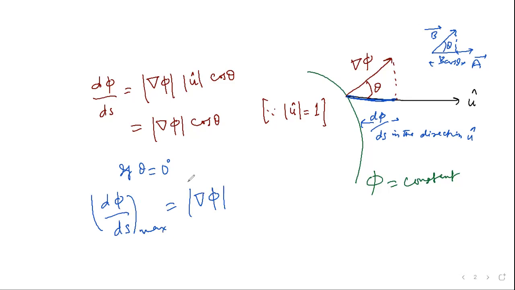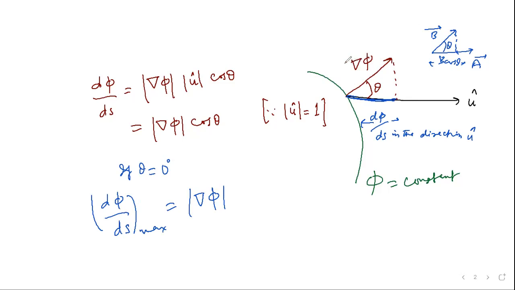So what is the meaning of that? Meaning of that is the largest value of directional derivative is equal to the magnitude of the gradient of phi, and it is in the direction of gradient of phi, because when theta is 0, u cap will be along del phi.